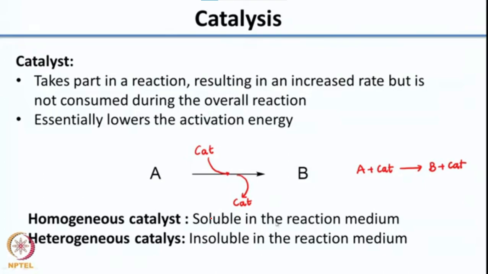So at the end of the reaction, the catalyst will look unaffected, right? It will get back to its original form. So a catalyst is mainly used for lowering the activation energy of the reaction. That's why the catalyst is very important.